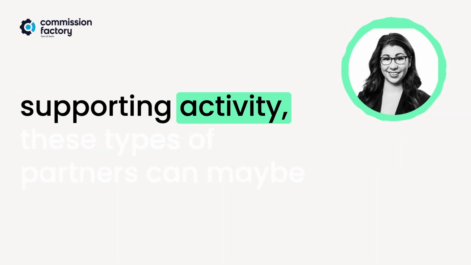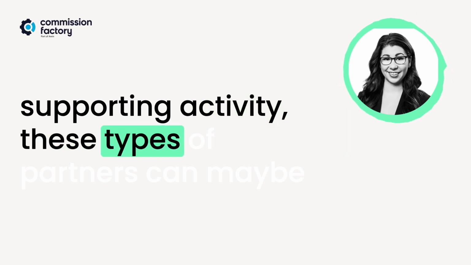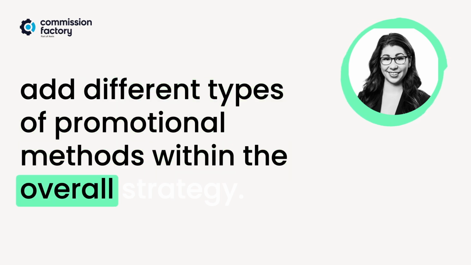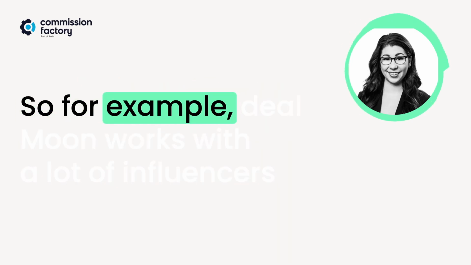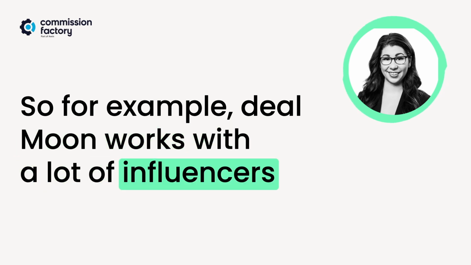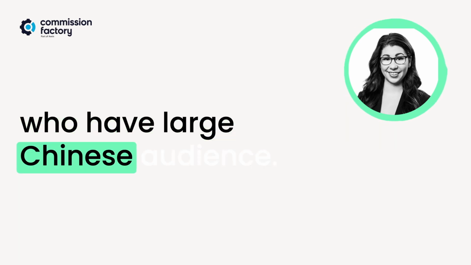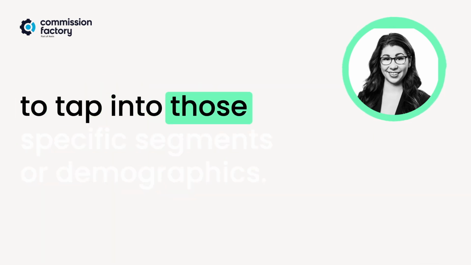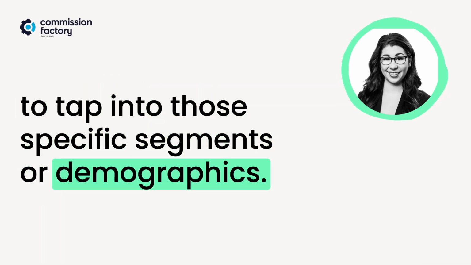PPC and supporting activity. These types of partners can maybe add different types of promotional methods within the overall strategy. So for example, DealMoon works with a lot of influencers who have a large Chinese audience. They might be able to help you promote your brand if you're trying to tap into those specific segments or demographics.